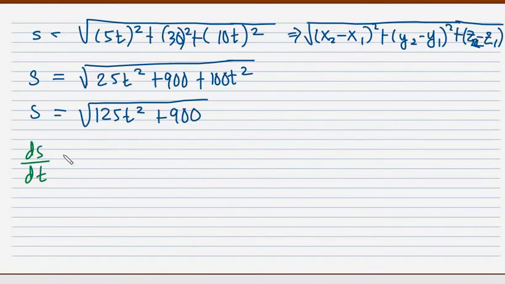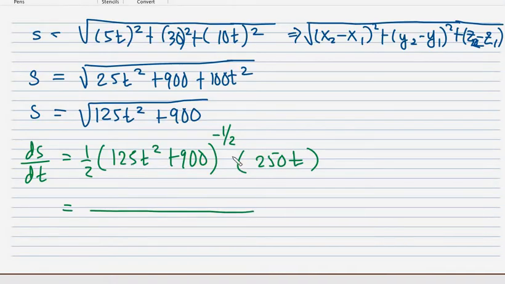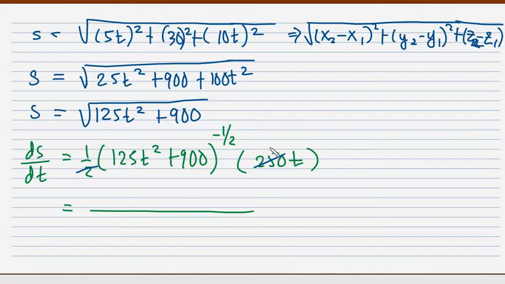So let's get the derivative of that. We have 1/2 times (125t squared plus 900) raised to negative 1/2, times 250t. So 250 divided by 2 is simply 125.